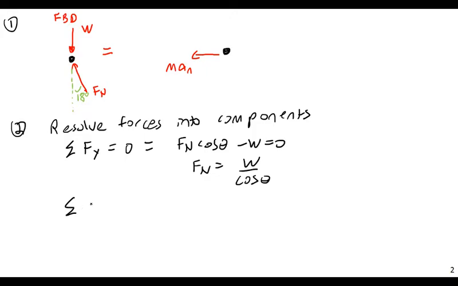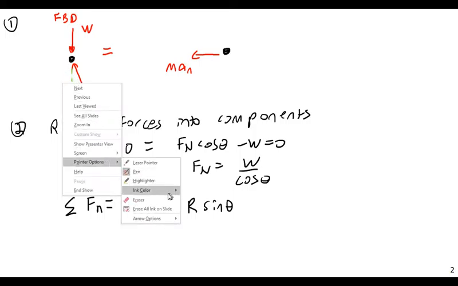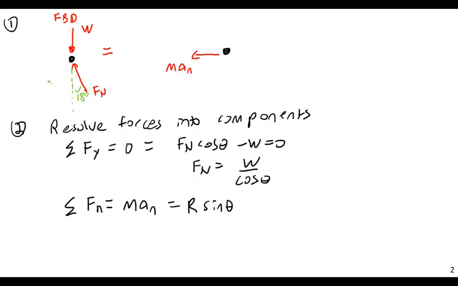And then the sum of forces in the normal direction, or I think of it more as the centripetal direction, equals M A sub n. Remember the normal axis, I drew it as pointing this way, positive.